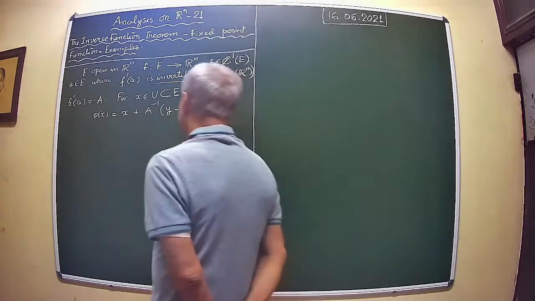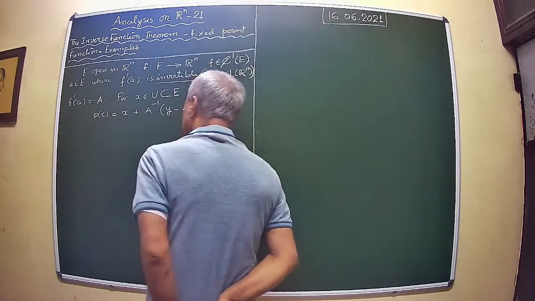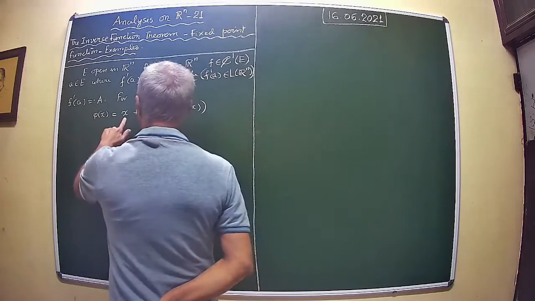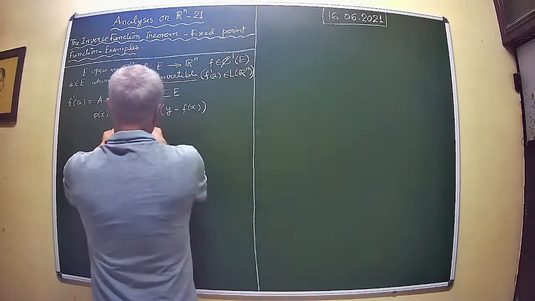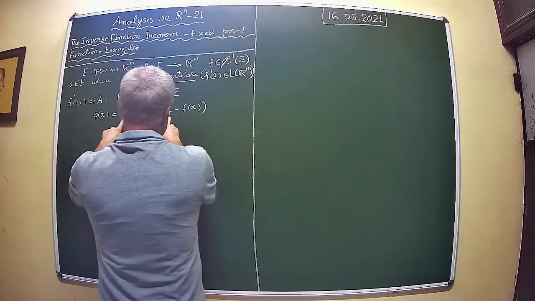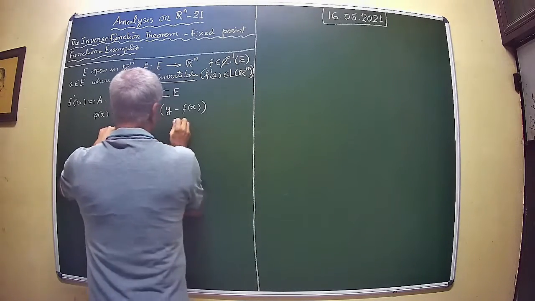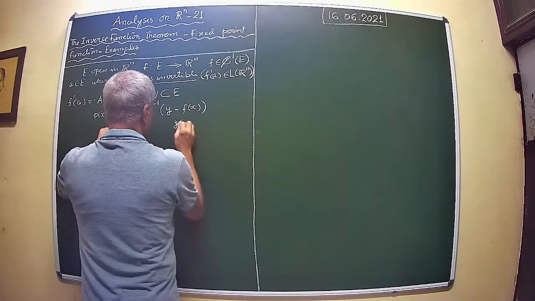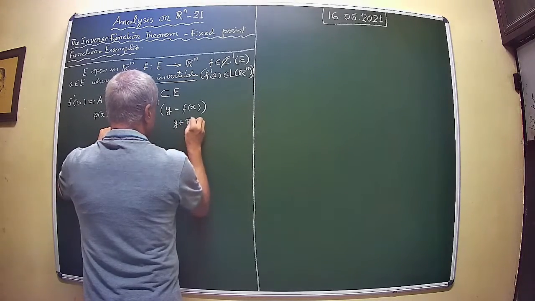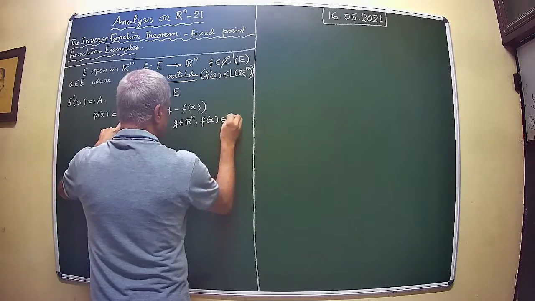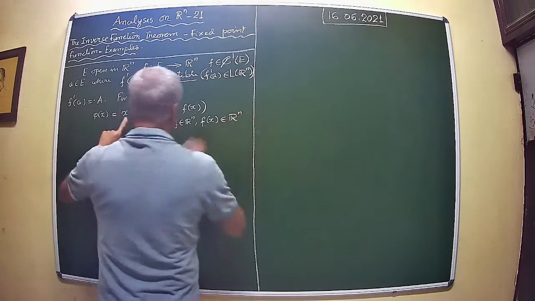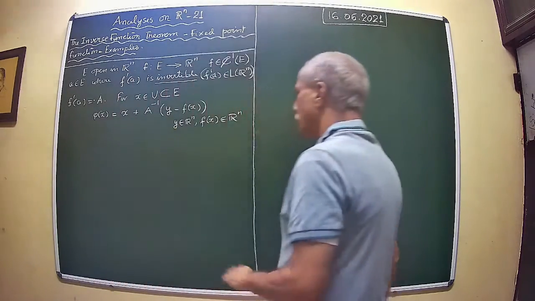Well, if you look at this, x belongs to U and y belongs to Rn, f x belongs to Rn, therefore y minus f x belongs to Rn.